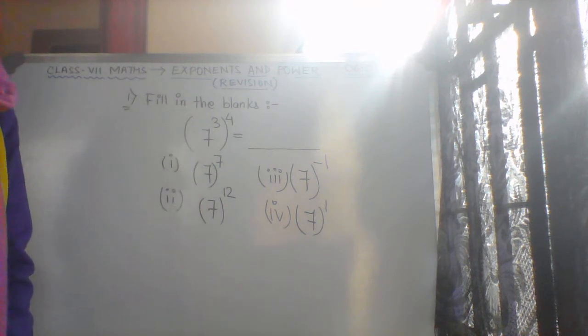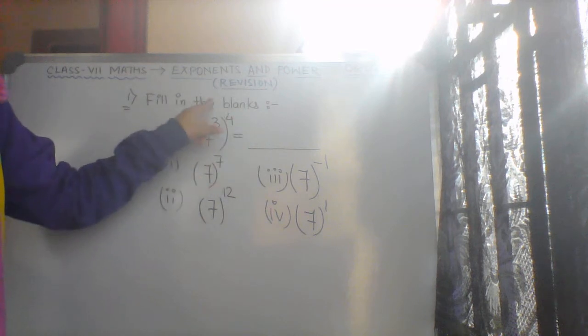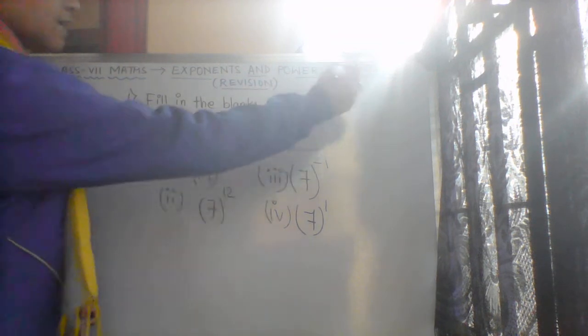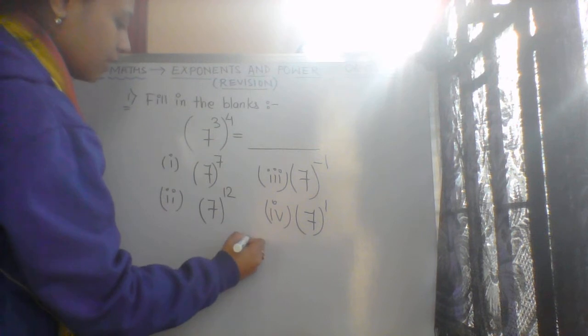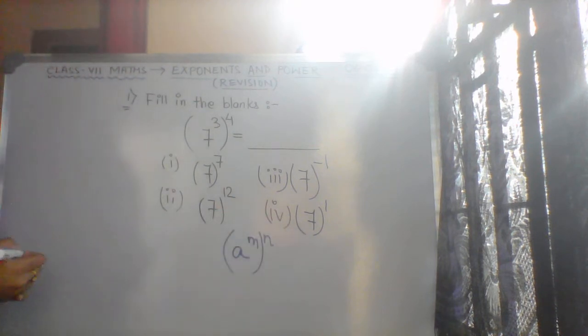What should be that? Okay, so what properties, what laws of exponent have you learned? Can you remember in which form it is written? Yes, it is written in the form a to the power m whole to the power n.